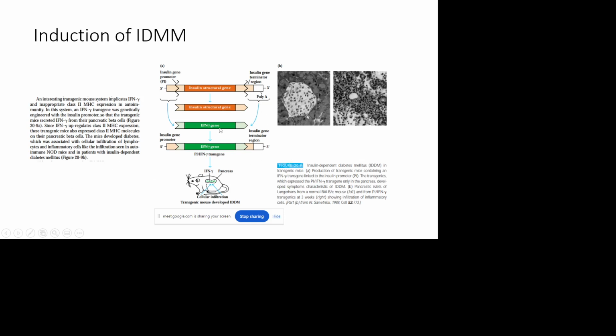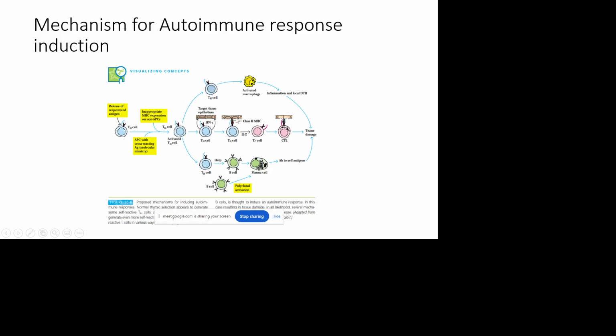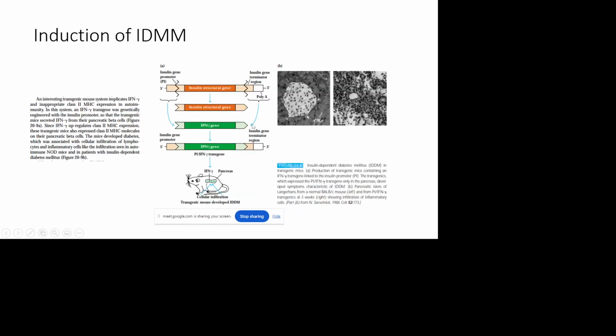So that's how you can make a fused transgene, insulin promoter IFN gamma, where IFN gamma will be expressed under the promoter of insulin in the beta cell. So the beta cell will start expressing IFN gamma, that means the beta cell will start expressing class 2 MHC. So it will attract the helper T cell like here, right? And the helper T cell will in turn activate the TC cell, macrophage, and B cell, and there will be lymphocyte infiltration.